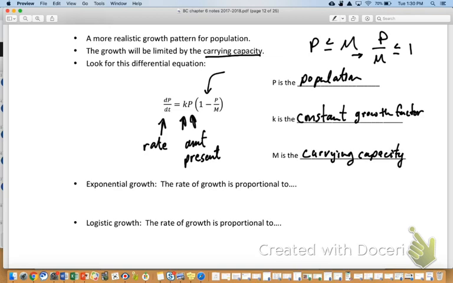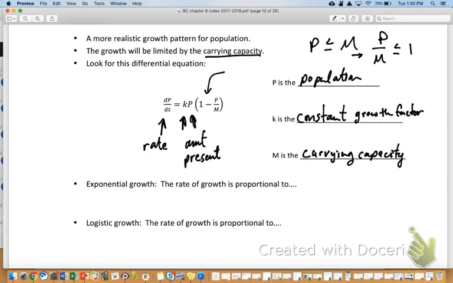So then, what about that 1 minus P over M thing? What would that be? So P over M at most is 1, but more than likely going to be less than 1, right?